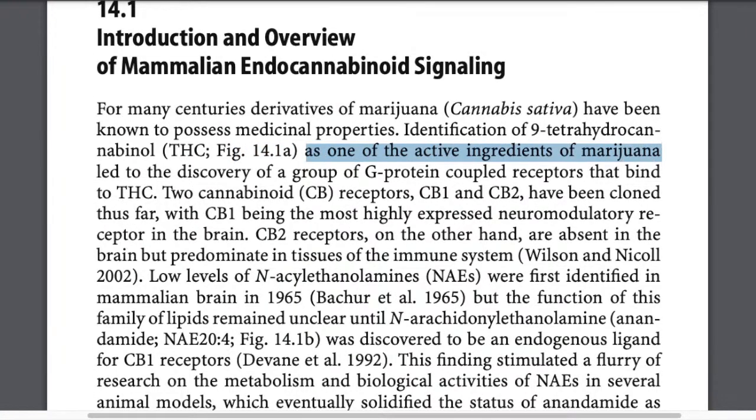As one of the active ingredients of marijuana, it led to the discovery of a group of G protein coupled receptors that bind to THC. Two cannabinoid receptors, CB1 and CB2, have been cloned thus far, with CB1 being the most highly expressed neuromodulatory receptor in the brain. CB2 receptors, on the other hand, are absent in the brain but predominant in tissues of the immune system.